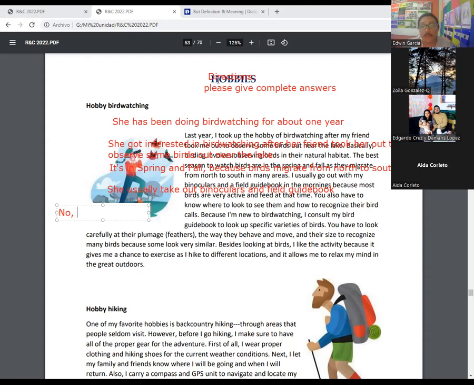I consult my bird guidebook. For that, she usually takes out the field guidebook because she doesn't know all the birds, all about the birds. She has to go, okay, this is this bird. Okay, we are going to say, no, she doesn't.